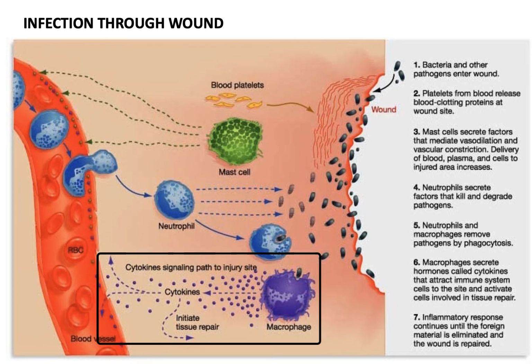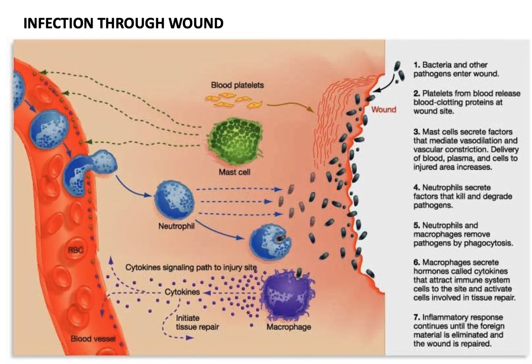The cytokines will initiate tissue repair, but they'll also signal other white blood cells to come to the area to take part in neutralizing or killing all of the bacteria or all the foreign invading cells. So when you have a wound, initially you have the blood clotting from these blood platelets that are also produced by some of the blood cells.